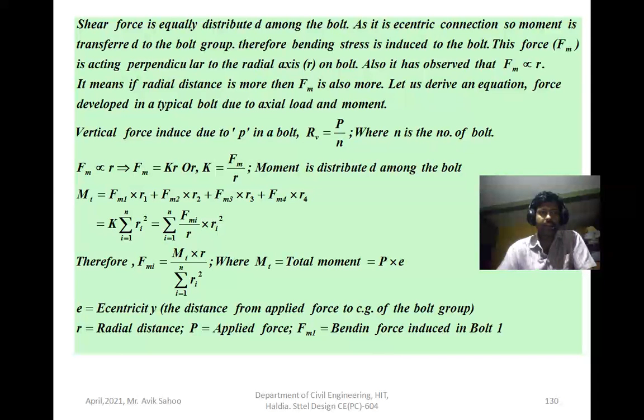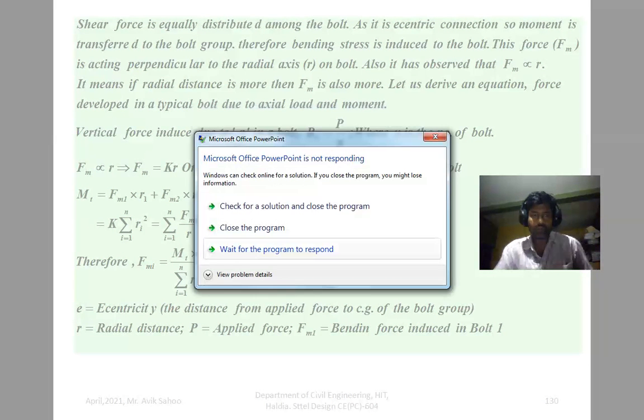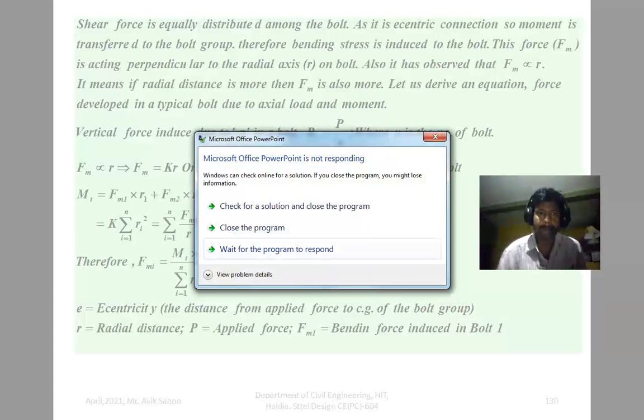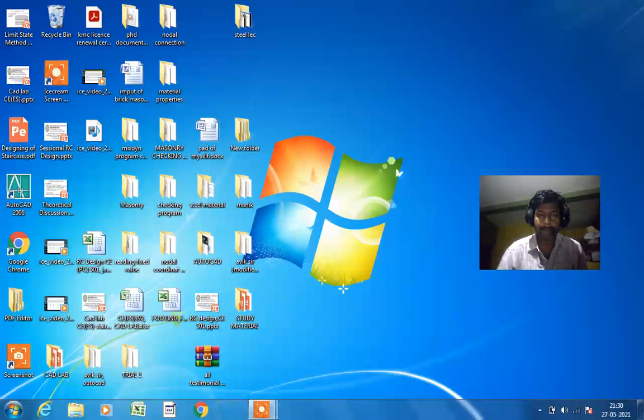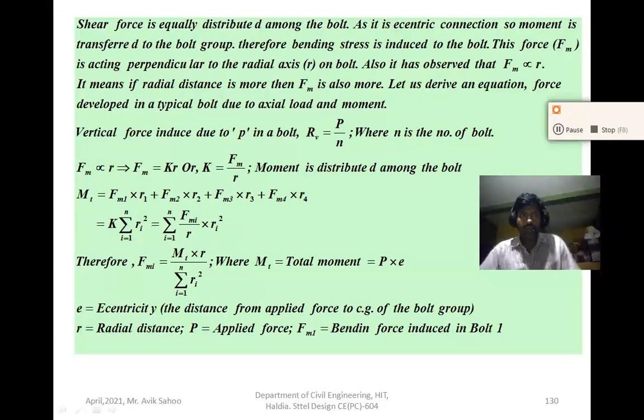So you see that, as I have considered, the shear force is equally distributed among the bolts.